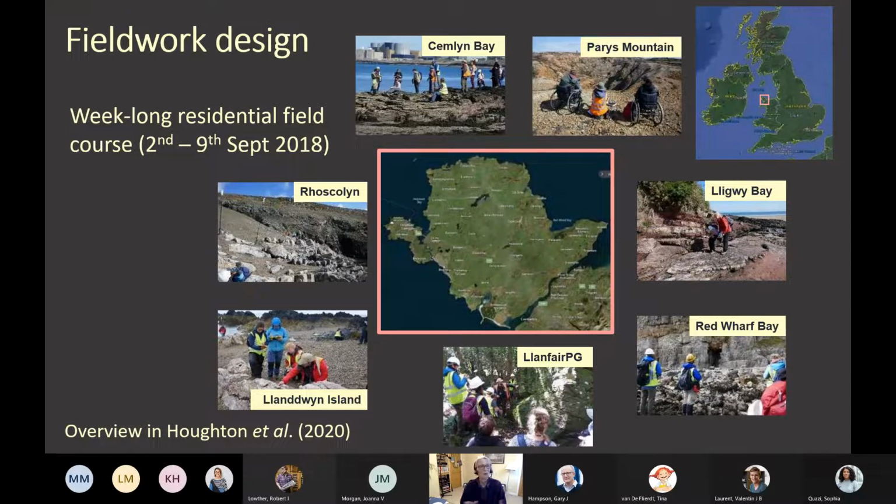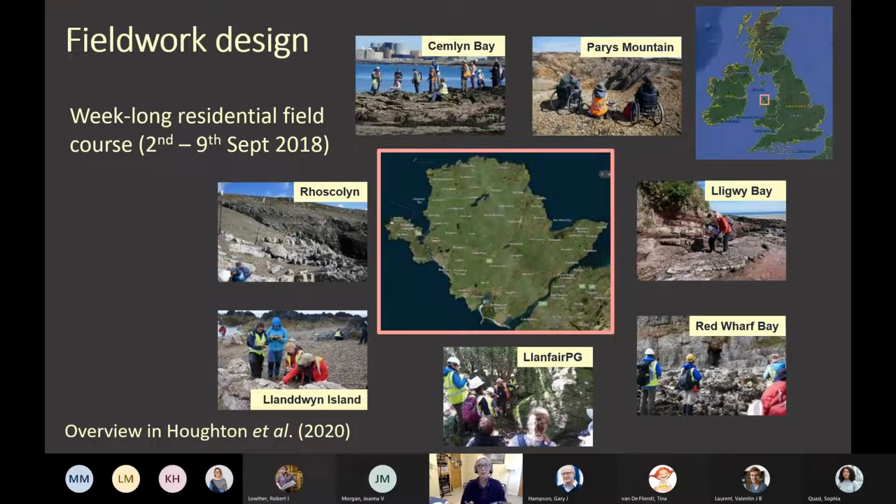The aim here was to reflect a more typical undergraduate field trip, the sort of thing we are used to delivering, so that the findings would be more broadly applicable at undergraduate level. Again, the important thing is that it wasn't about getting all of our participants to every locality. It was about making sure that everybody was included in the learning experience.